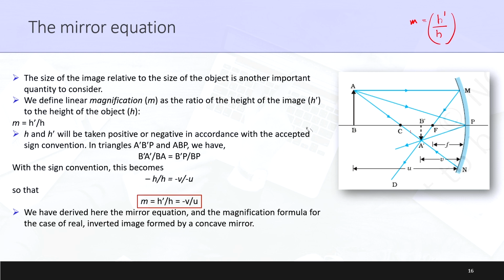So, we are just trying to find out a relation of magnification with the image distance and the object distance here. So, as you can see, there are two triangles made here. These two triangles are, first, triangle A dash B dash P, that is this one, and the second one is your ABP. So, ABP is this.